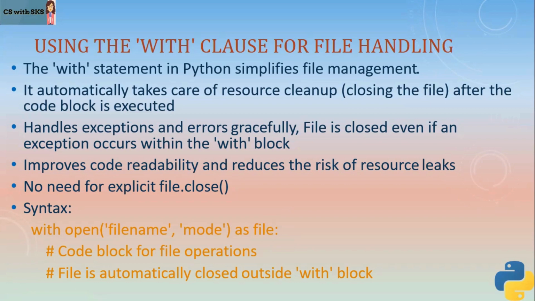So it will create a block, indentation will start, and as soon as you want to come out of the with block, you will have to change the indentation, right? So as long as you stay inside the block, that file stays open. As soon as you come out of the with block, your file will automatically be closed. That is how it is different from open function, normal open function. I mean, of course you have to use open function here, but with clause is used along with that, right?